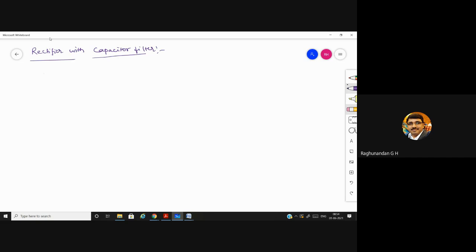It is just going to filter the signal. So only the filtering process is taking place. We are not going to change any VM value or IM value by using the capacitor filter. So whether you use a capacitor filter or not, the efficiency will remain the same.